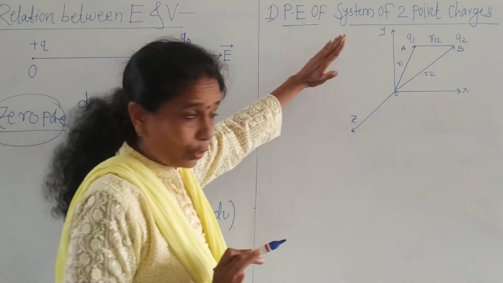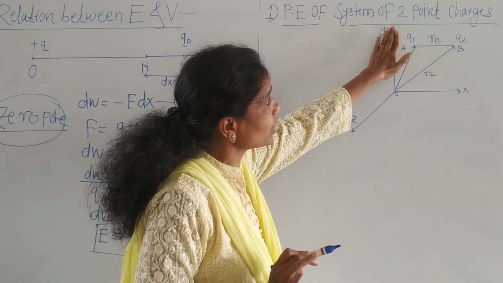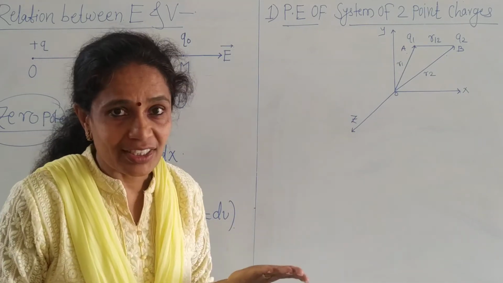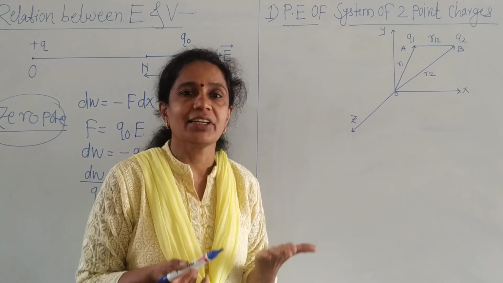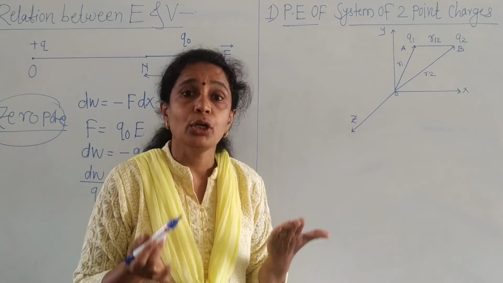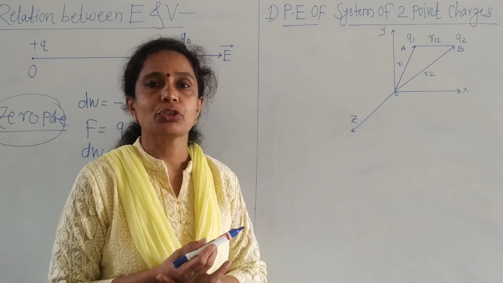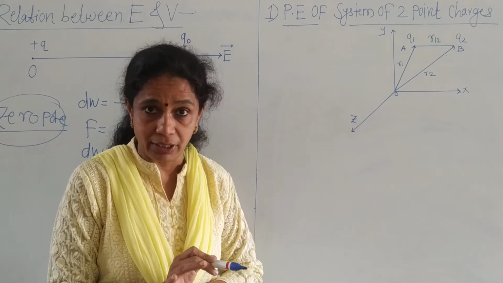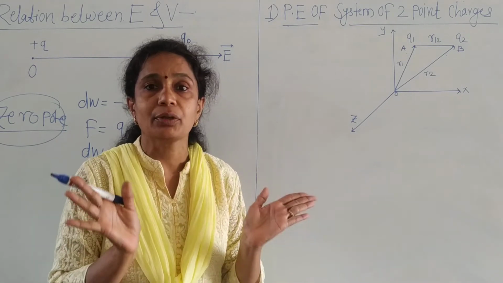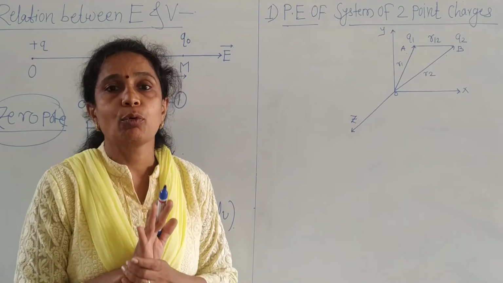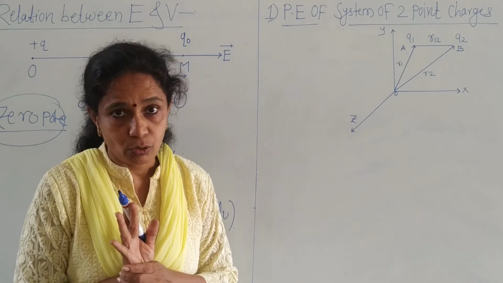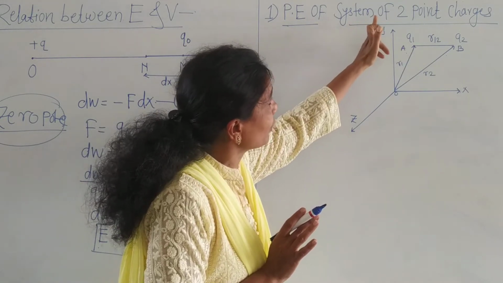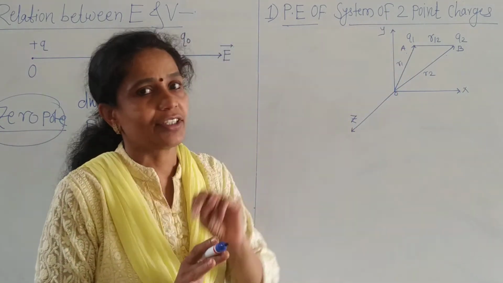Now, next point, potential energy of a system of 2 point charges. What is the potential energy? Potential energy is defined as the work done to displace a unit positive charge from infinity to that point in an electric field against the electrostatic force. Here we have to find the potential energy of a system of 2 point charges.